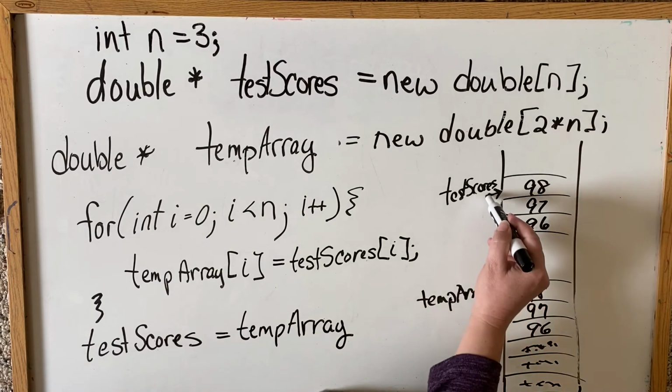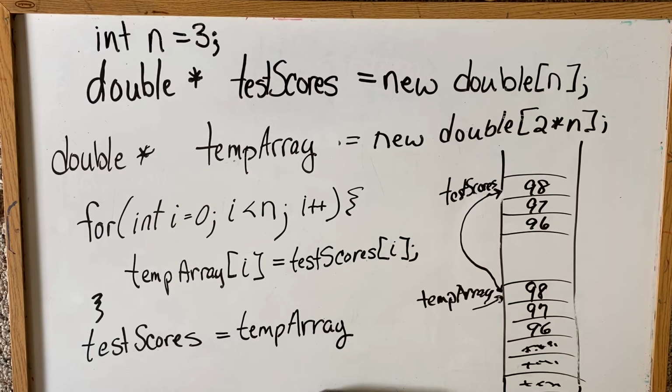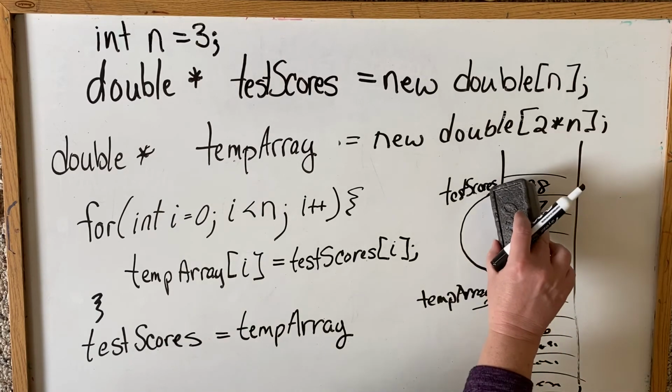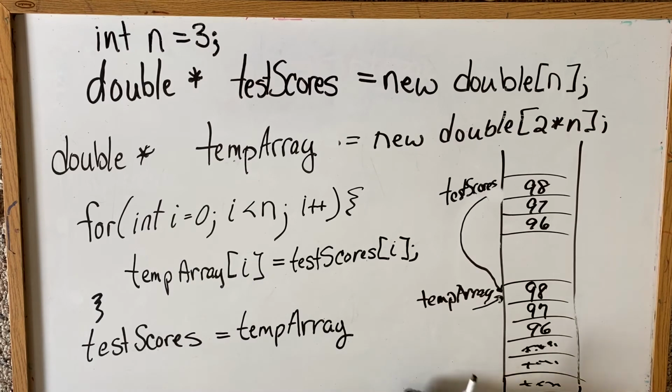So we move that arrow to point to here, and then we lose the arrow to here. Now we can treat test scores the same way as temp array.